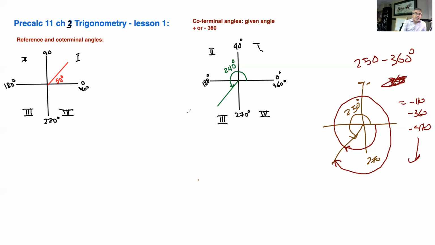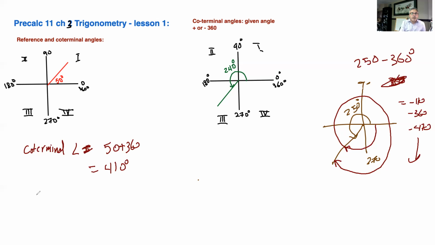So basically, if we're finding the coterminal angle for 50, we want to find one negative and one positive. The positive one would be 50 plus 360, which is 410 degrees.